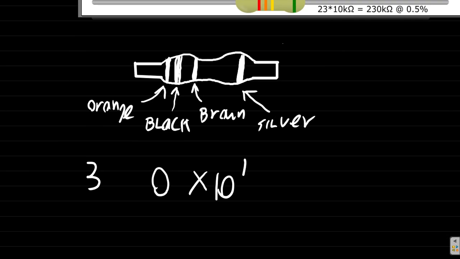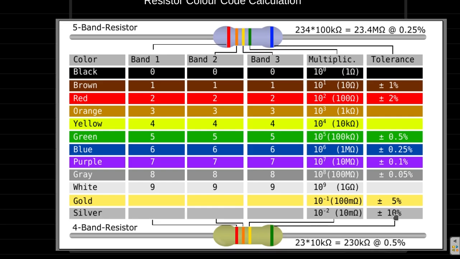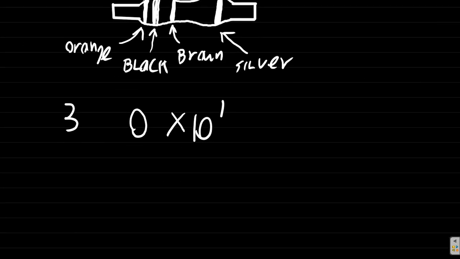Then the silver is the tolerance. Let's see which is the tolerance. Plus or minus 10%. So it is plus or minus 10%.